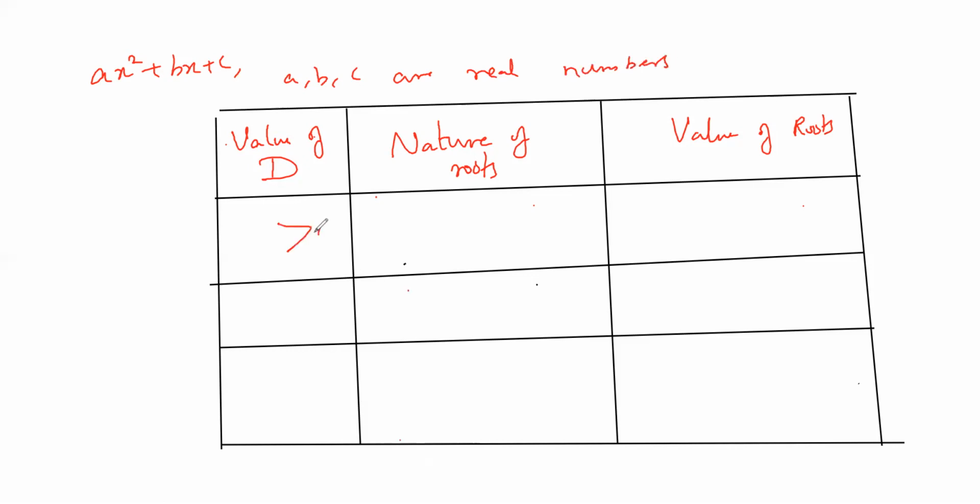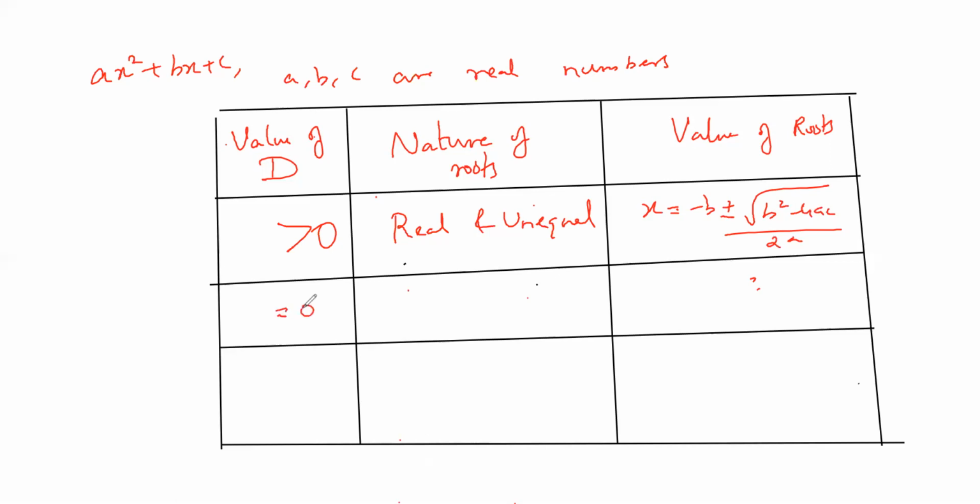Value of D greater than 0: the nature of the roots is real and unequal. Value of the roots: x is equal to minus b plus or minus root of b square minus 4ac by 2a. D equal to 0: real and equal roots.